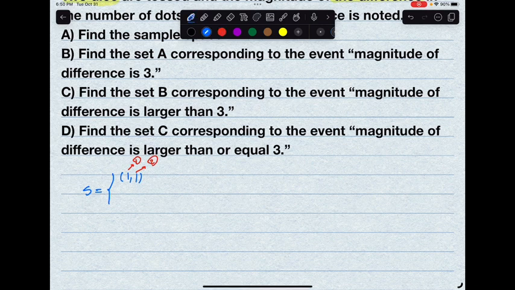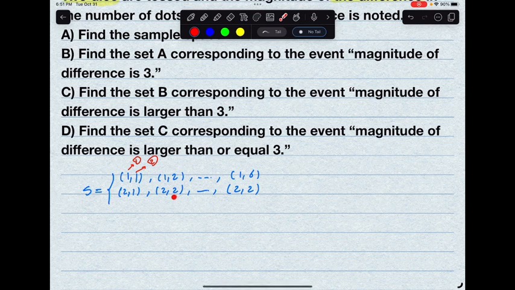Okay, so now 1 1, 1 2, up to 1 6, and then 2 1, 2 2, up to 2 6. These are the results when the number for the first die is 2, and for the second die it can be 1, 2, up to 6. My bad.